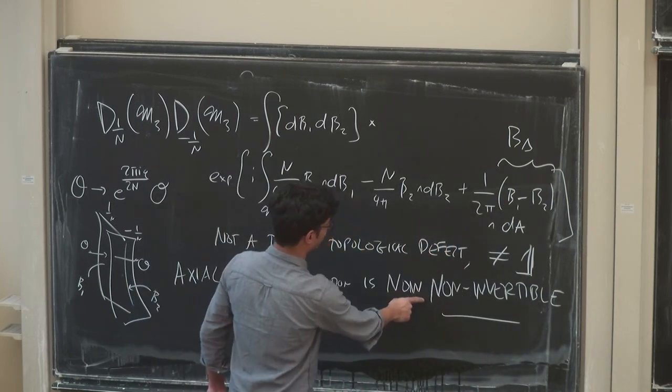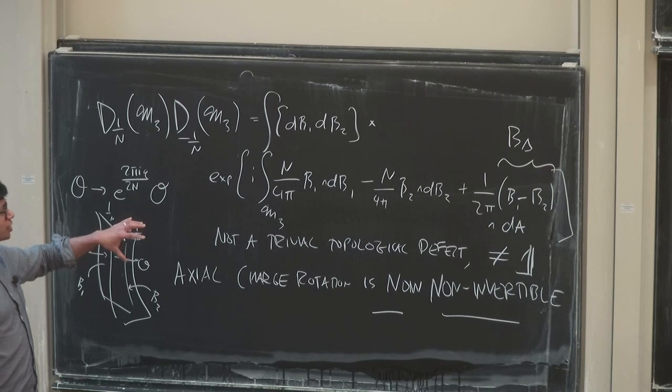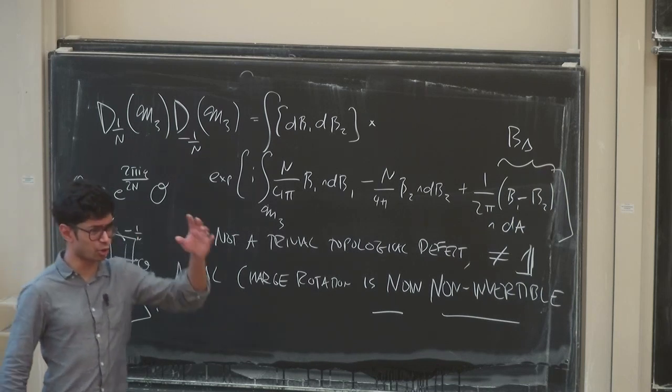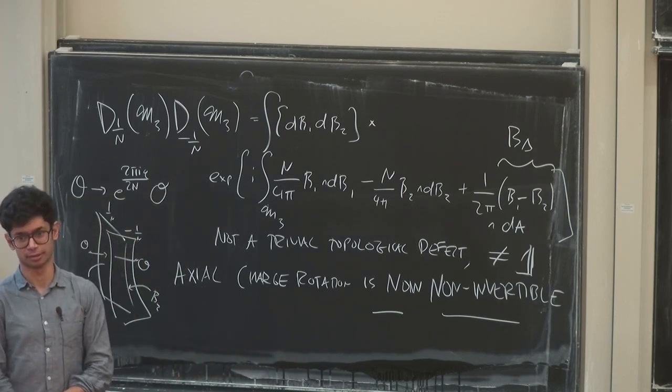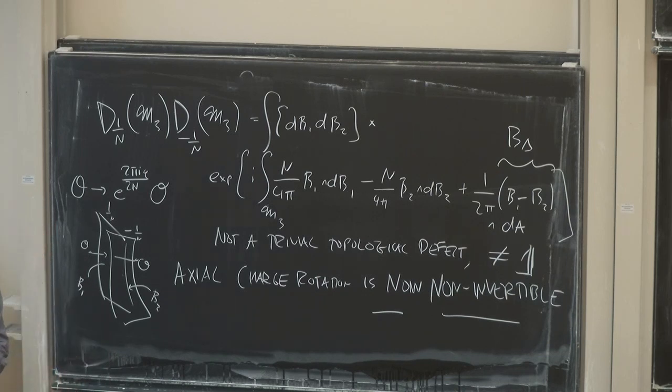So to answer your question, the quantum version of the axial charge rotation, the real way to say what the ABJ anomaly does, is it takes the ordinary classical charge rotation and makes it non-invertible in the quantum theory. Okay, and this is the main point.